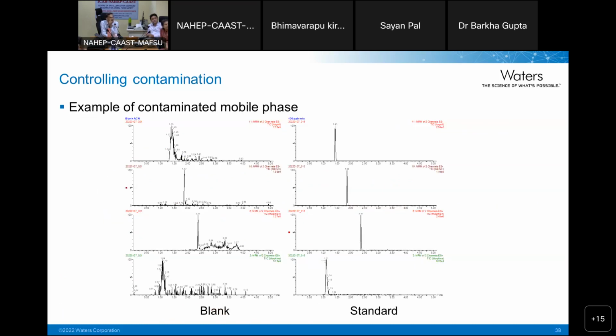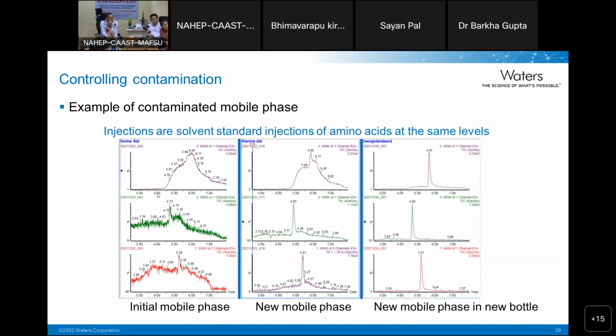These are some examples of contaminations. Even in your blanks, you see some peaks. So this is an example of your contaminated mobile phase or contaminated diluents. Again, some examples related to your contaminated mobile phase.